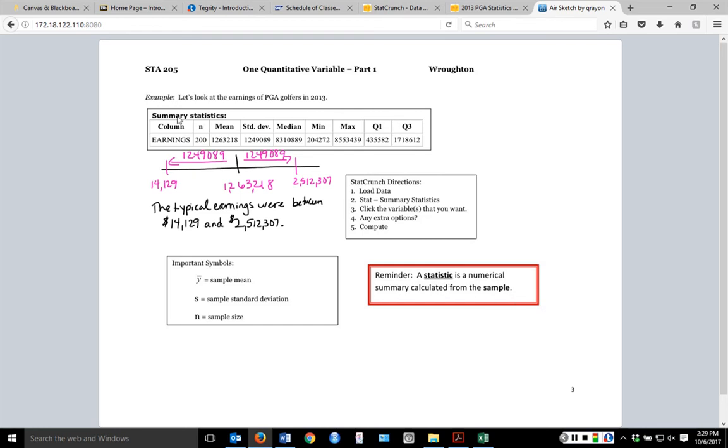All of these things up here are labeled summary statistics because this is a sample of data. These are all sample values. This is a Y bar, and this is an S, the sample standard deviation. Just a refresher about some symbols. And then in class next, we're going to talk about graphical displays for a quantitative variable.